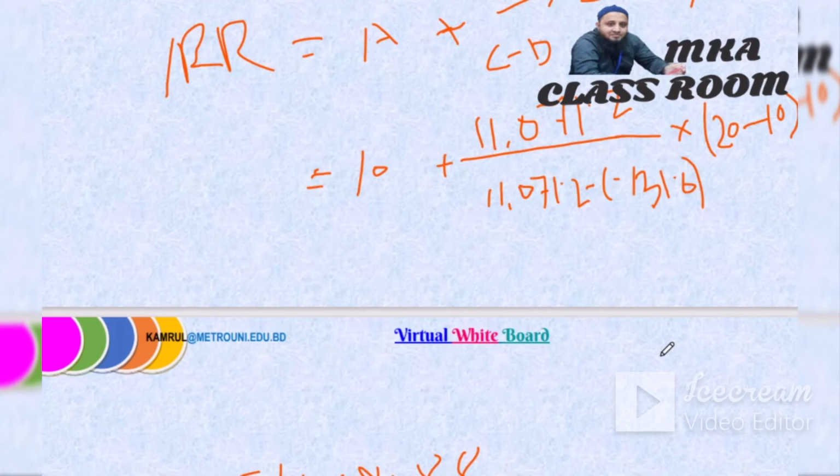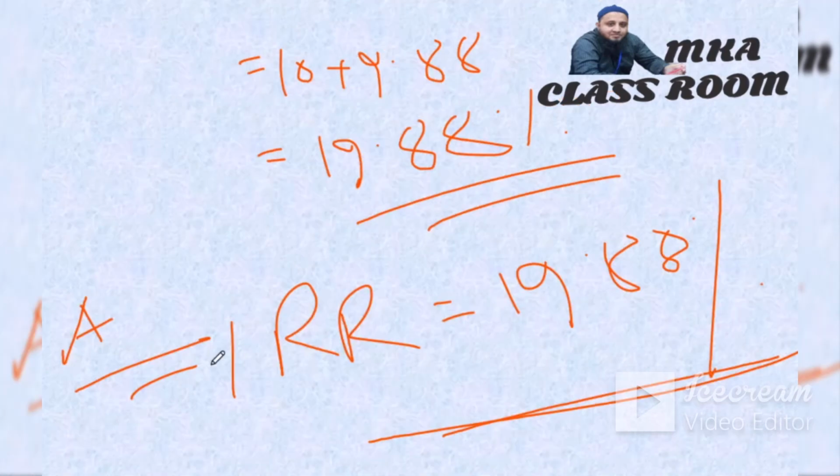That is 19.88%, our project A's IRR. Project A shows an IRR of 19.88%. So you can say whether it is accepted or rejected.